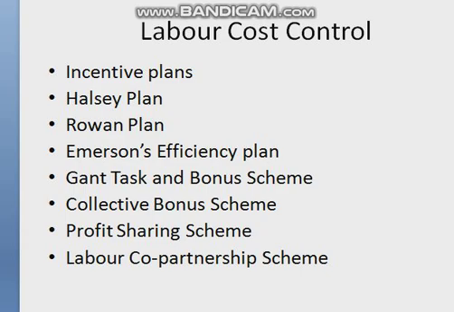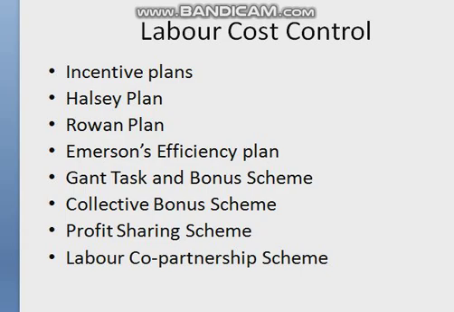Now we come to another plan, that is the Merrick differential or multiple piece rate plan. This plan is a modified plan of Taylor's. Taylor's prescribed only 2 rates, whereas Merrick laid down 3 rates as follows. If the efficiency is up to 83%, then the ordinary piece rate is paid to the labor.